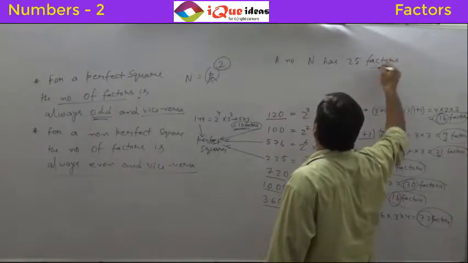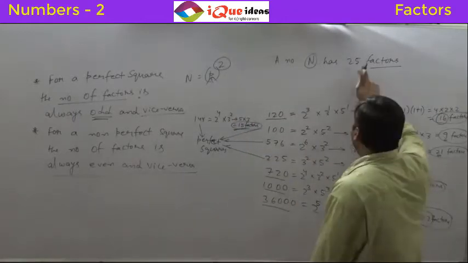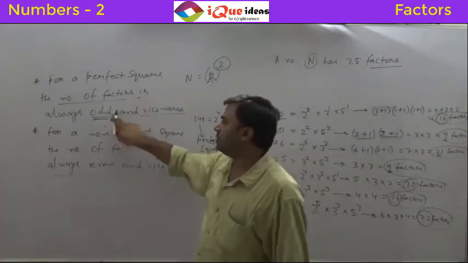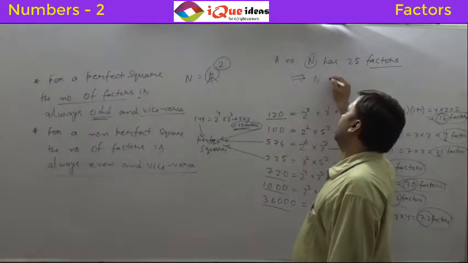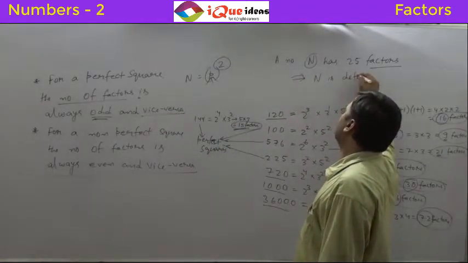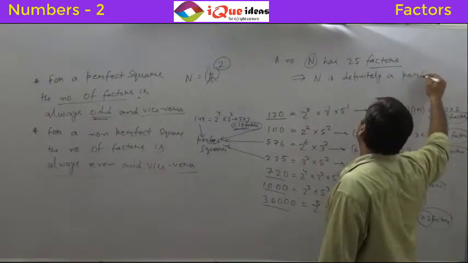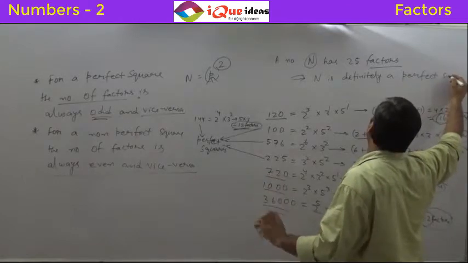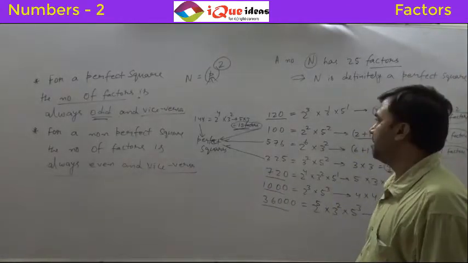Can you tell me anything about that number n? There is at least one thing that you can say. The number of factors is 25. 25 is odd, so it has to be a perfect square. That means n is definitely a perfect square. What perfect square? That we don't know. But at least we can say that it has to be a perfect square. That's what I mean to say.